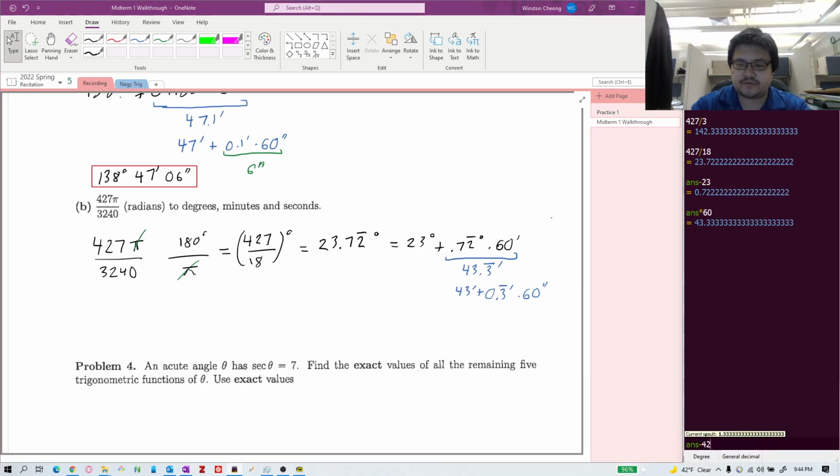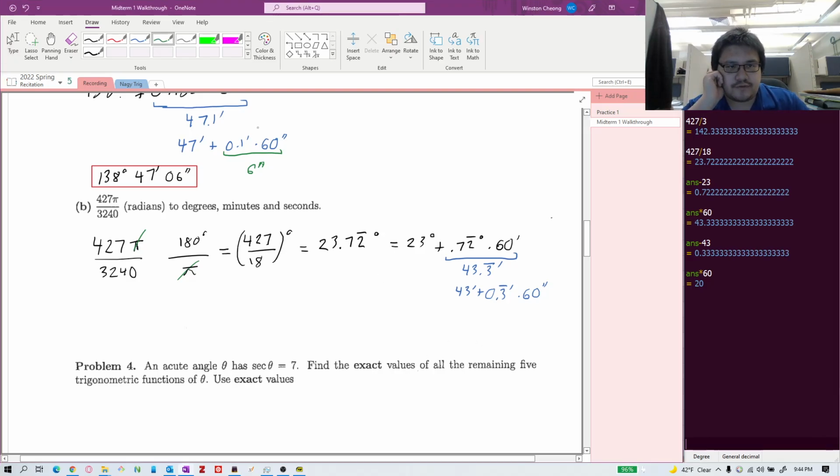On the calculator, we subtract off the 43 so that we are working with the fractional part. We multiply by 60. Okay, so then this part is 20 seconds. We've converted from minutes to seconds.